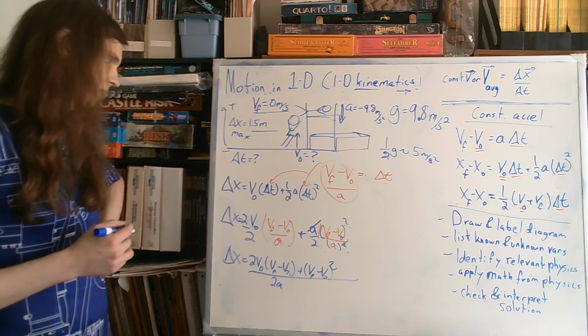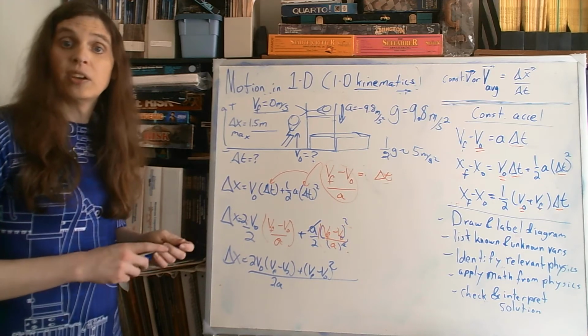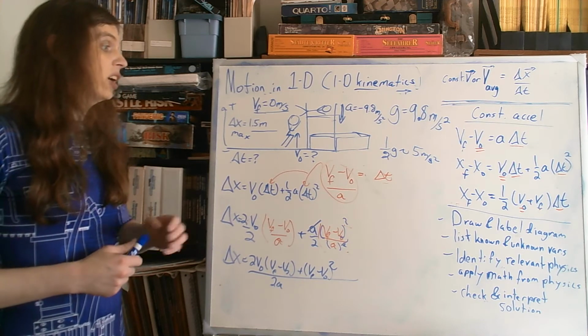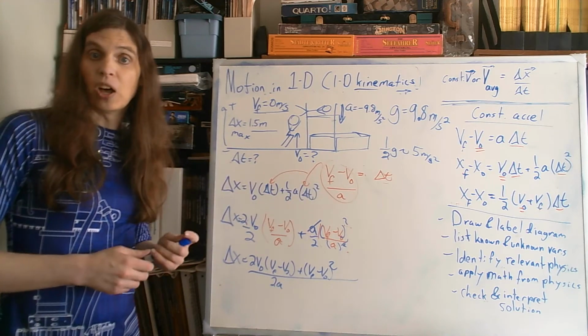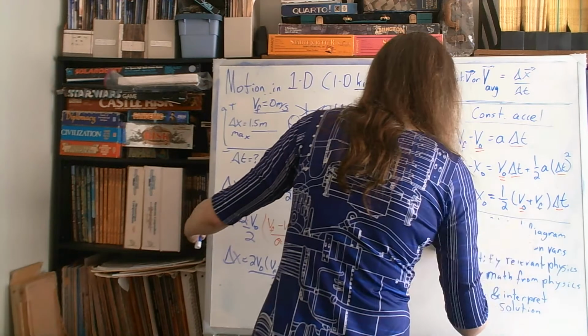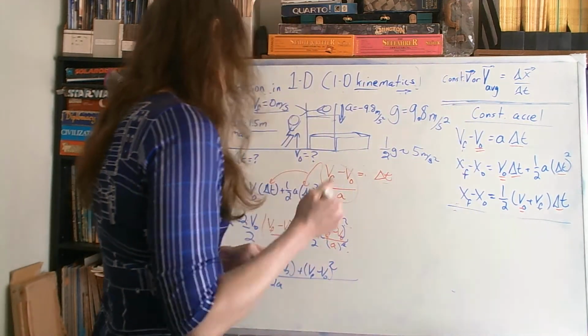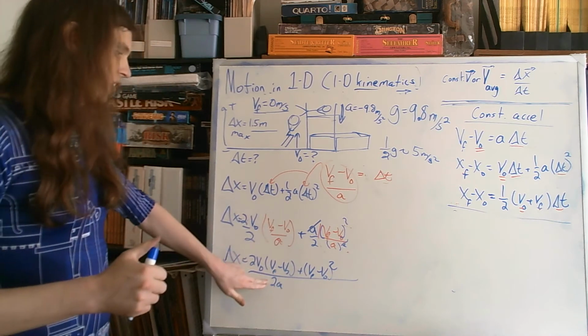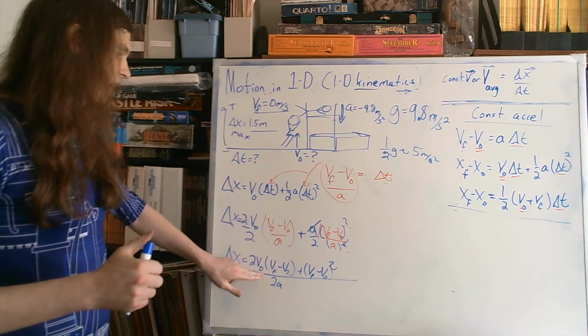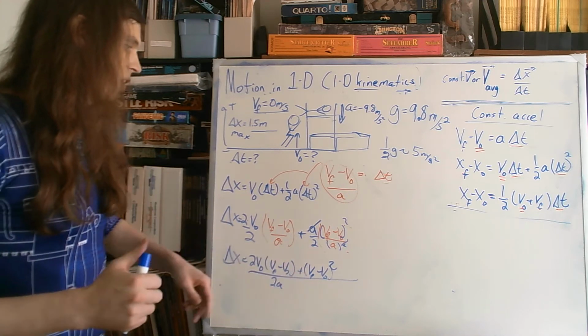Okay. And let's see. I'm going to erase our problem solving tips over here so we have a little more space to work. Okay, let's multiply both sides by 2a and distribute this 2v0 and square that term there.